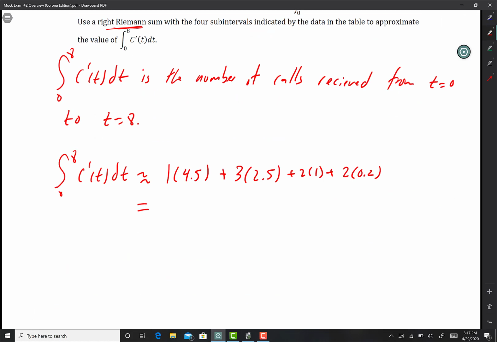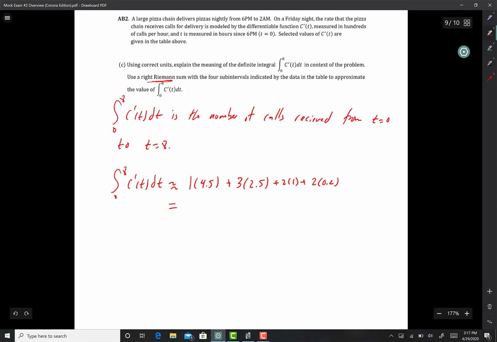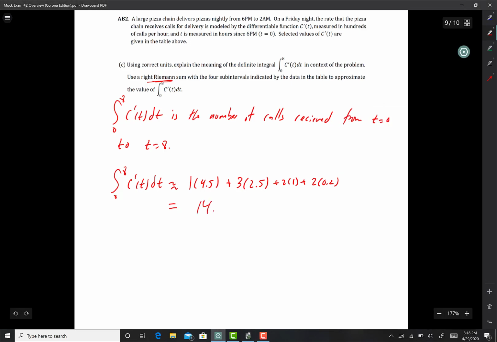So I'll take my little calculator. 4.5 plus 3 times 2.5 plus 2 plus 2 times 0.2. Push enter and I get 14.4.